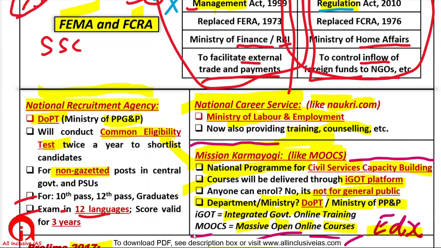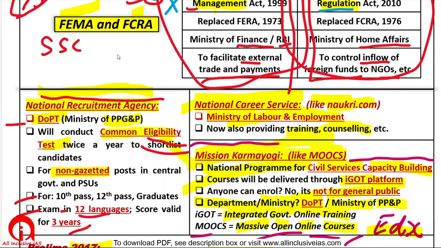And the score will be valid for 3 years. How can UPSC confuse you in this simple thing? Either it will confuse you with the ministry, or it will say that it will be a national level exam, candidates will have to appear in a single exam and they will get the job. That is wrong. It is a screening exam. It is like a shortlist.